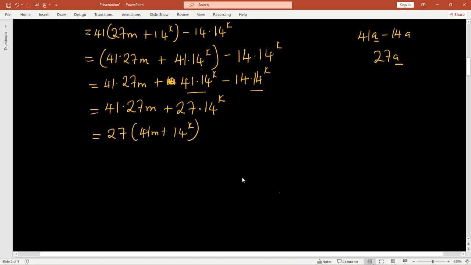Once we're able to factor out the 27, or when you meet another question and you're able to factor out the number asked in the question, then we say this is true for n equals to k plus 1.